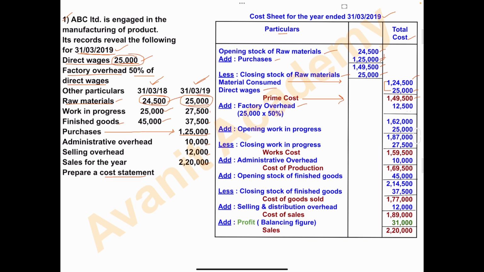The direct wages amount is 25,000. So what do we have to take 50% of that 25,000 as? Factory overhead. So right here, add factory overhead.